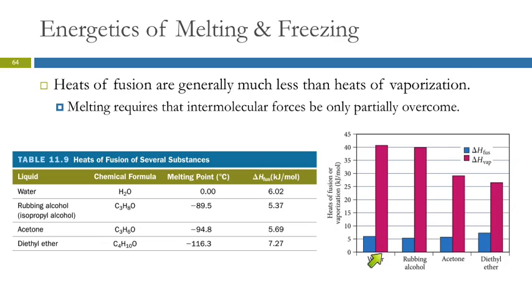To boil water, it's over 40 kilojoules per mole. It's a huge difference. Because in order to go from the liquid to the gas, you have to break all of the intermolecular forces. In a solid melting to a liquid, you're breaking some to move away, but then you're forming others, and so you're just sliding around, and it's easier.